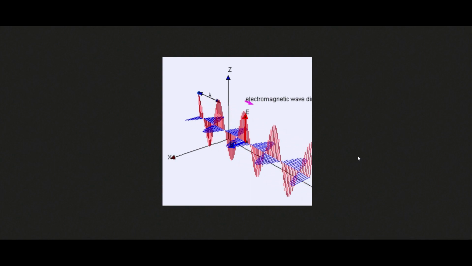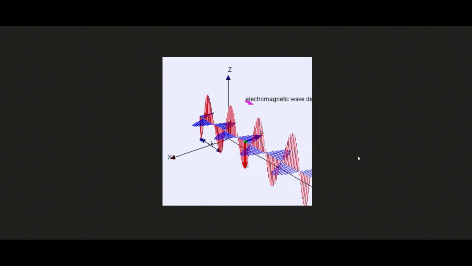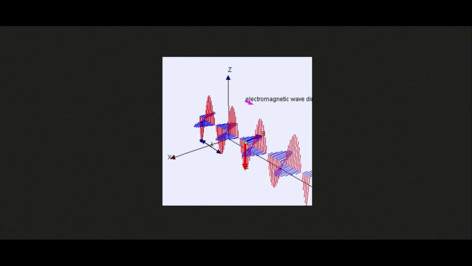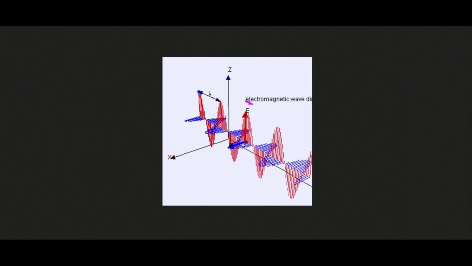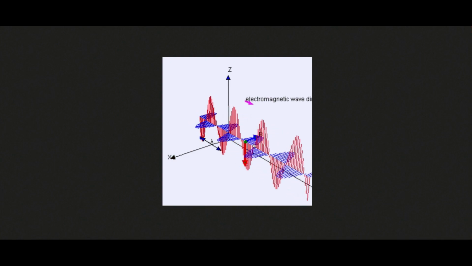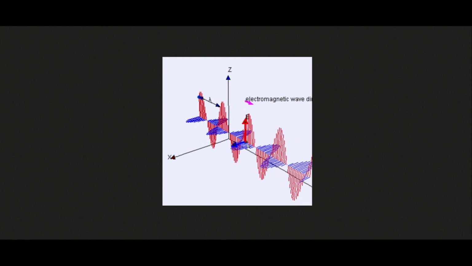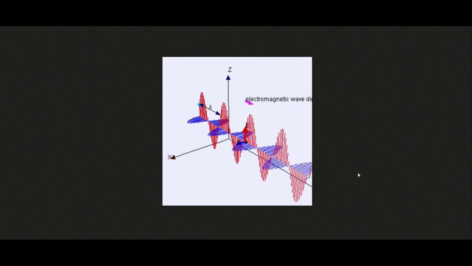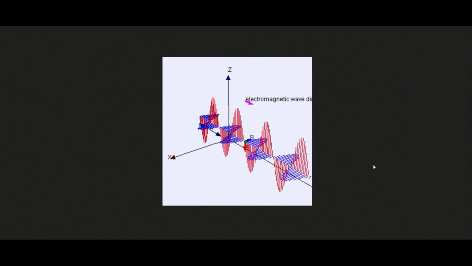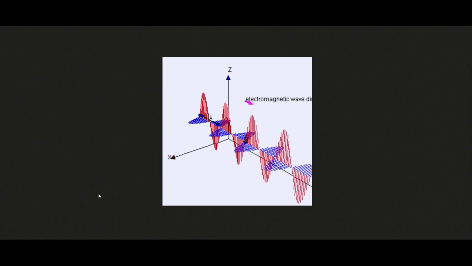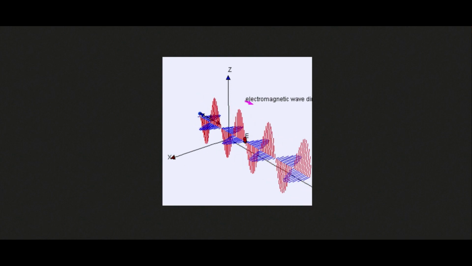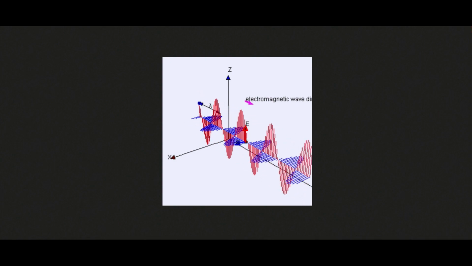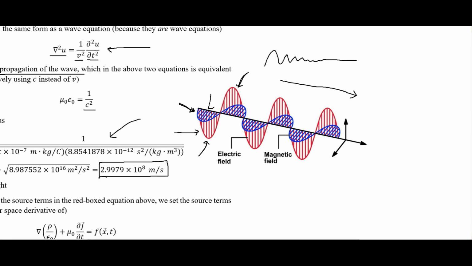If you look at a single point here, you're just seeing an increase and decrease in these fields, but it creates a directionality because of the way that they induce changes in each other. That is how an electromagnetic field, how light, propagates even through empty space.